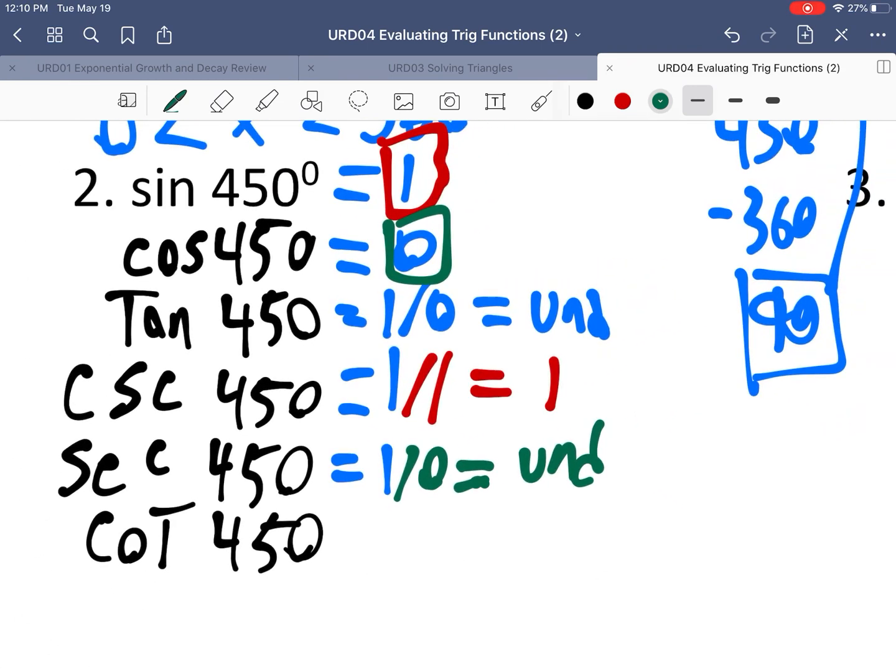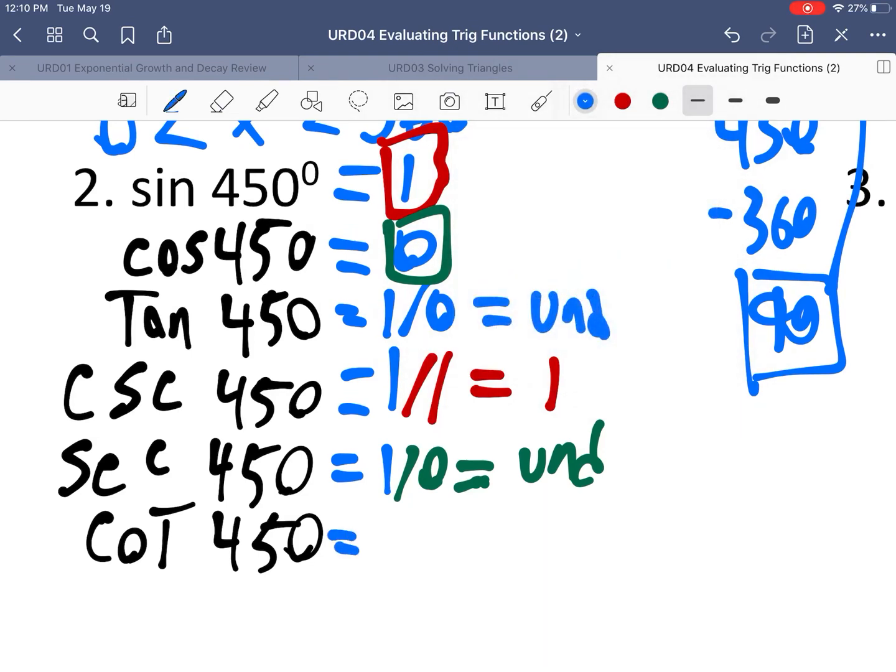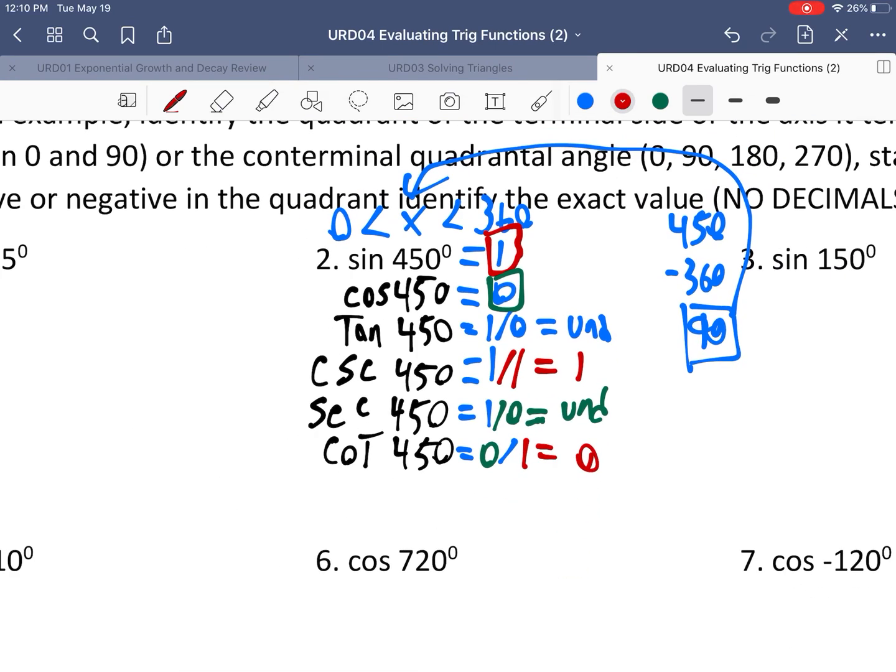So the cosine was 0 divided by the sine, which is 1, which is going to make this 0. All right?